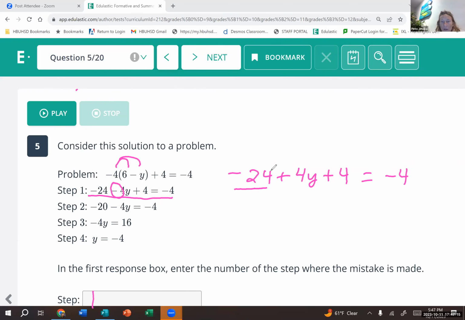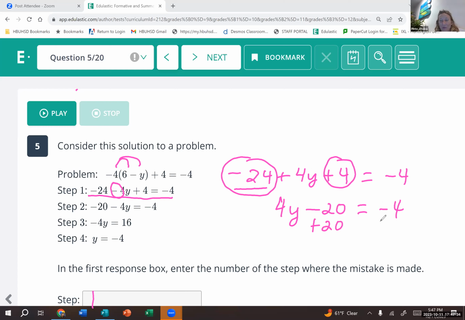So then let's finish this problem. I'm going to add these two like terms together to get 4y. The negative 24 plus 4 is going to become negative 20 equals negative 4. Now I'm going to move the constant over. I'm going to add 20 to get rid of negative 20.